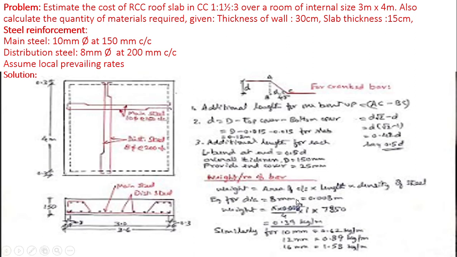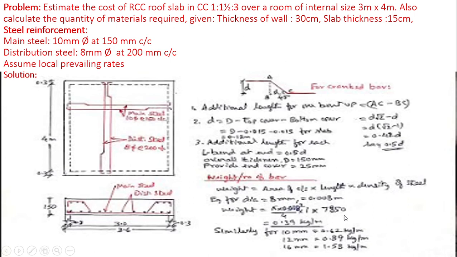Steel quantity is expressed in kilograms. Weight per meter of bar is calculated as the product of area of cross section of bar into length 1 meter into density of steel. The density of steel is equal to 7850 kilogram per meter cube.